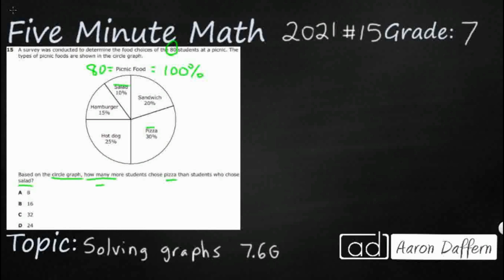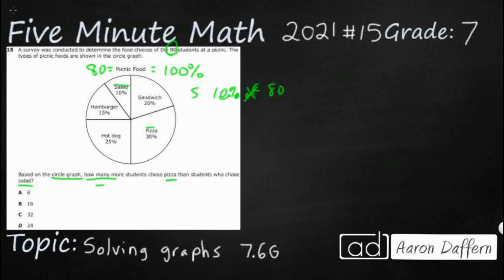So salad, we've got 10% of, and then our total is 80. So we need to remember, of means times. We're going to multiply 10% times 80. We don't typically multiply with percents, we multiply with decimals. So let's change this percent into a decimal. If there's no decimal within the percent, it's always at the end after the ones place.